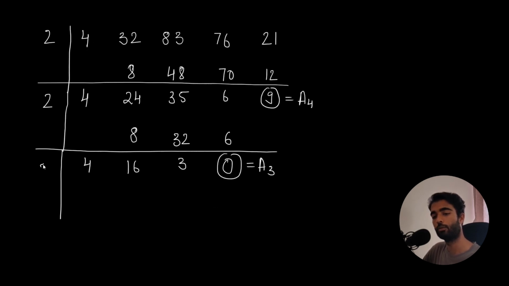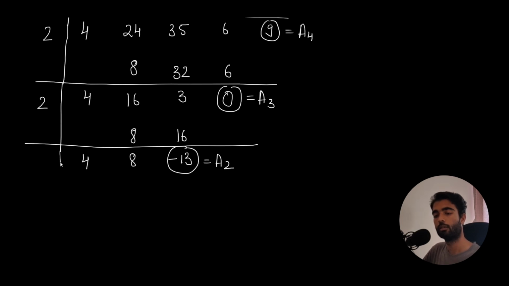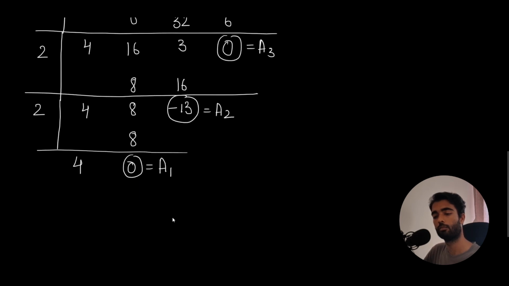Next, we are again going to divide this expression. Again, we are going to divide this expression. And simply, this is going to be the leading coefficient, and that is a0.